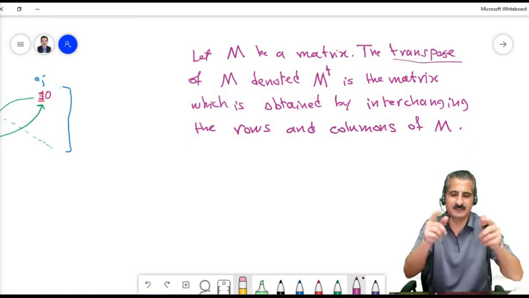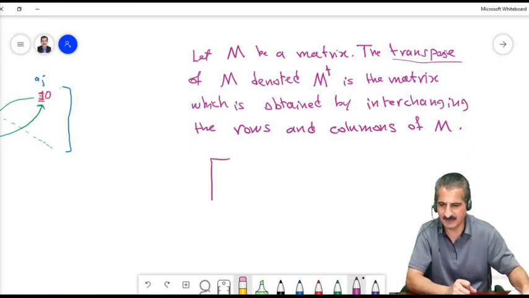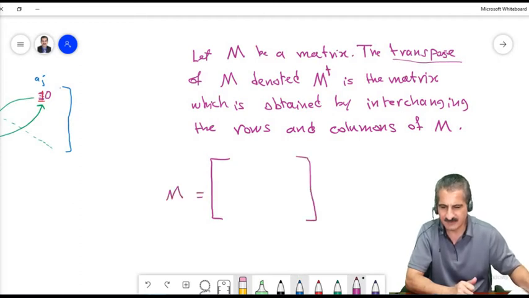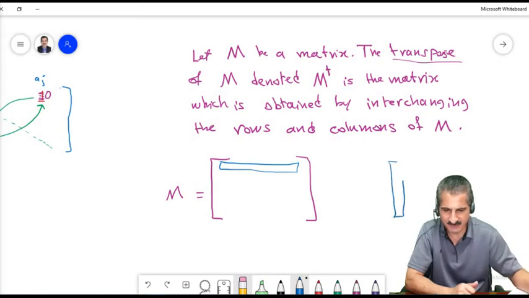If I have this matrix here, which is M, what we do is take the first row and put it as the first column. By doing this, we will have M transpose to be this matrix.